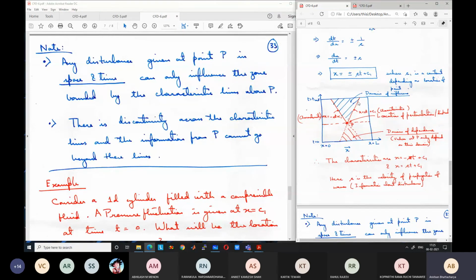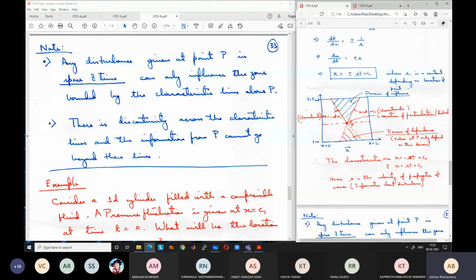There is discontinuity across the characteristic lines, and the information from P cannot go beyond this line, both in time and space. So for a particular space point, a point on a particular location, it will depend on the time whether this is within the zone of influence or not. Depending on that, we can say whether it will be influenced or not.